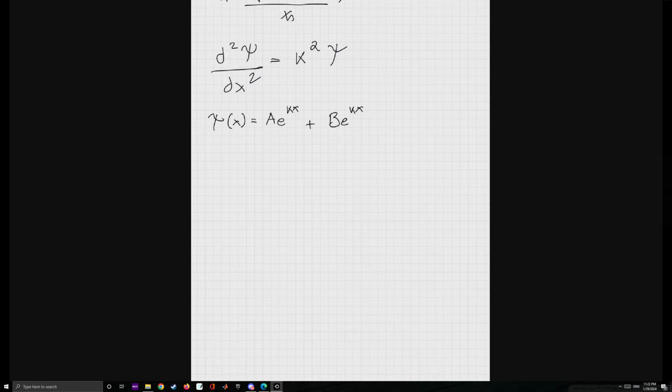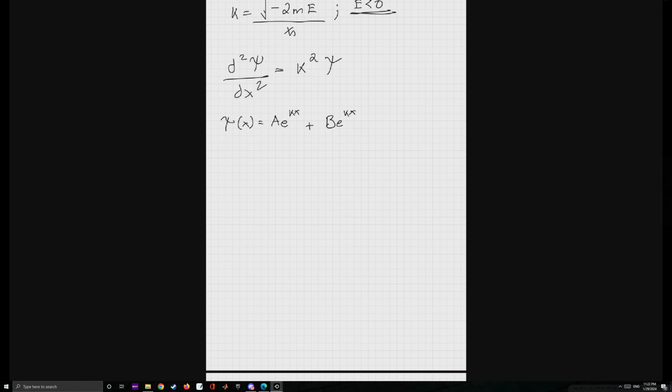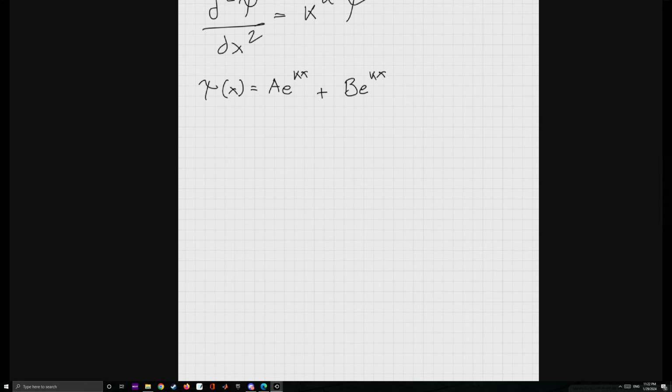Now, if you want to solve these, there are a number of ways you can do it. You can just search online or look at a book for differential equations.